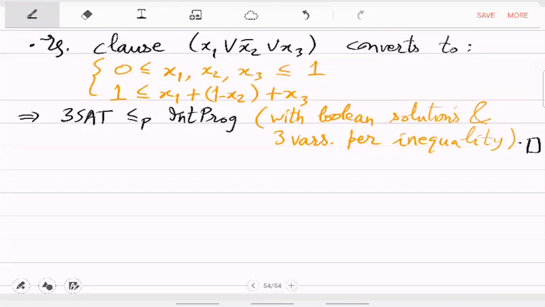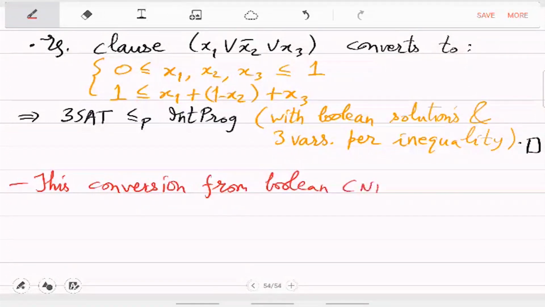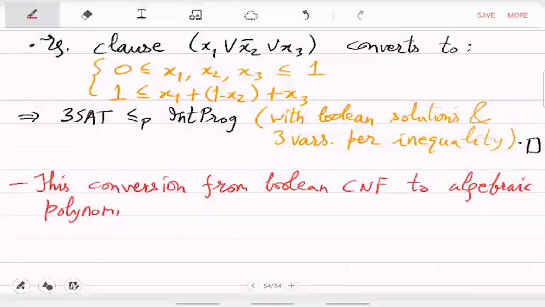So this conversion which we did from Boolean clauses to arithmetic, from Boolean CNF to algebraic polynomial, is naturally called arithmetization.